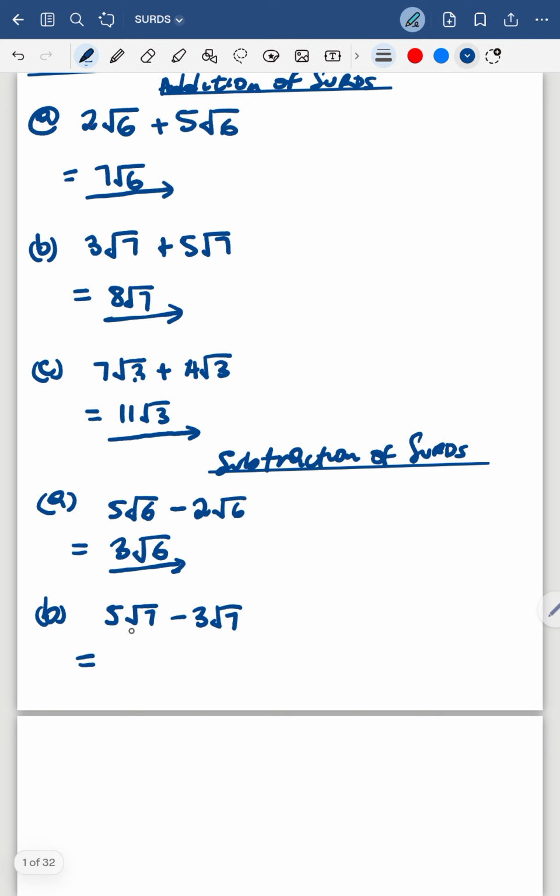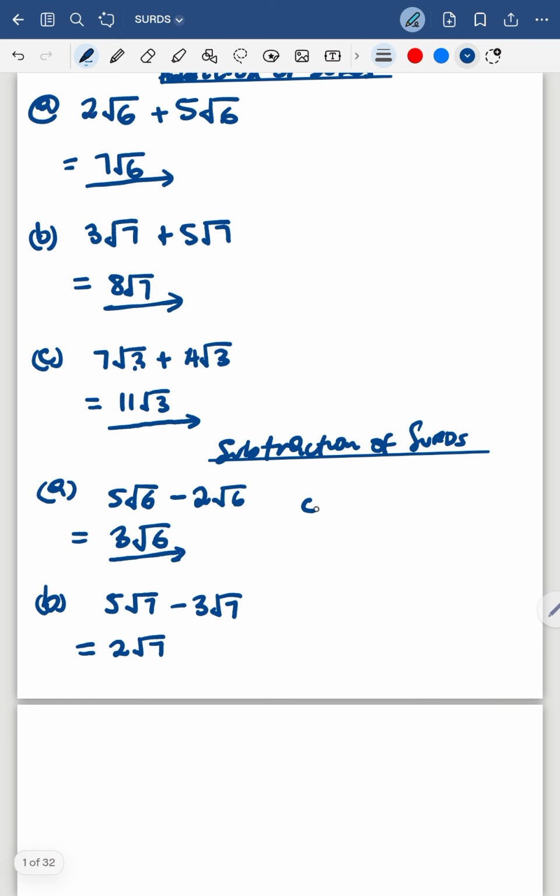Then 5 minus 3, it's going to be 2. Then we keep the root 7. Then we come again to the last example: 7 root 3, sorry, minus 4 root 3.